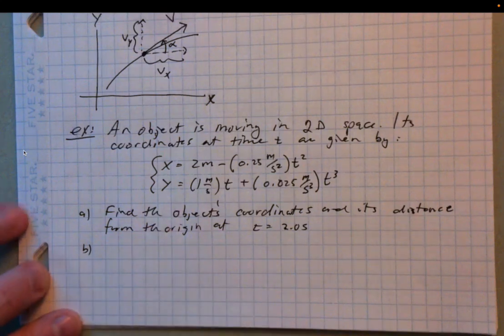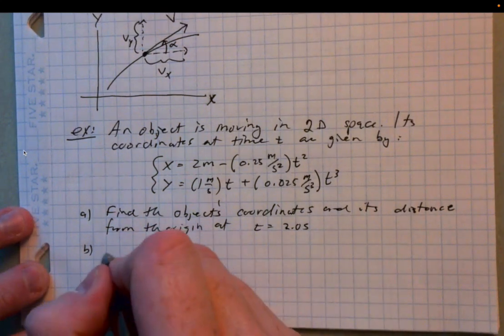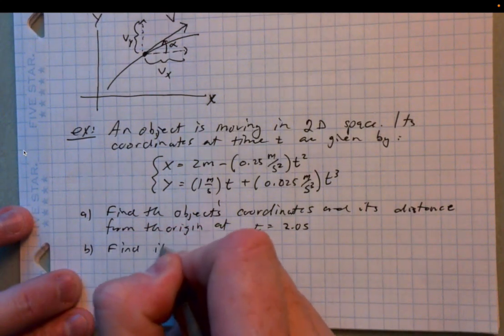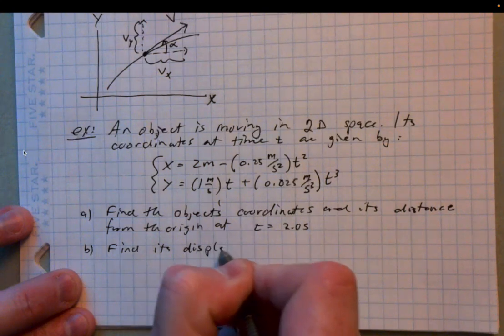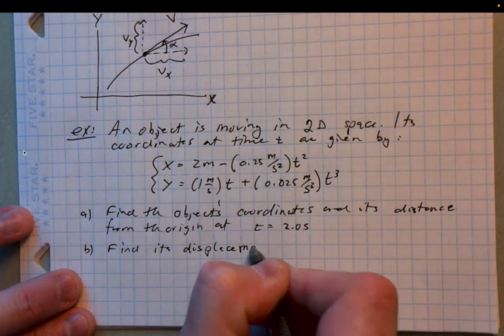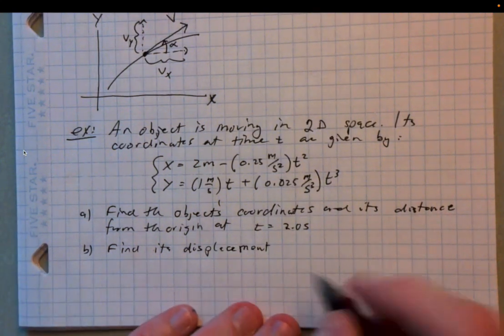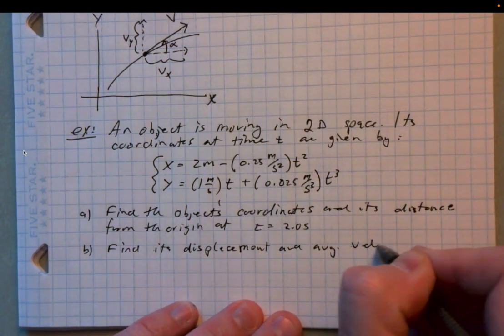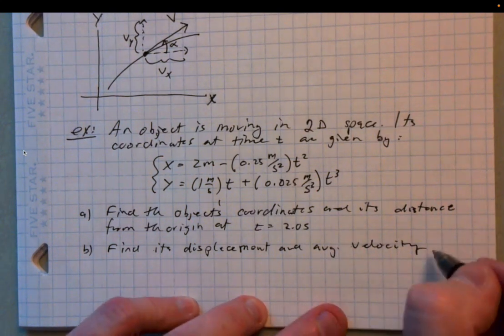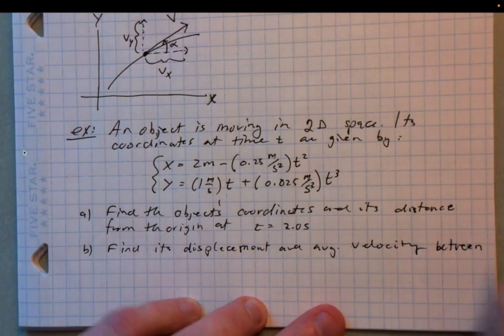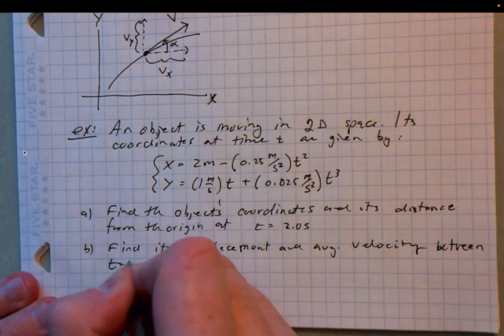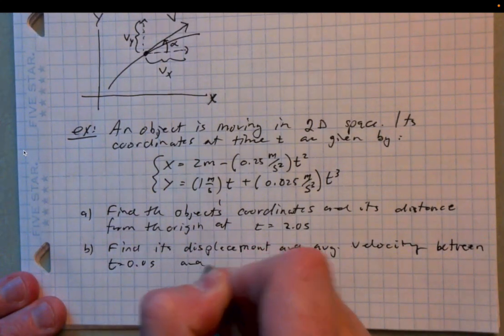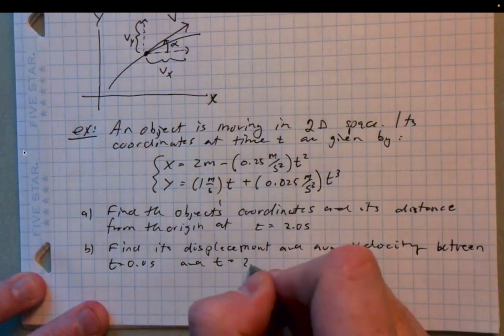And second, let's find its displacement and average velocity between t equals 0.0 seconds and t equals 2.0 seconds.